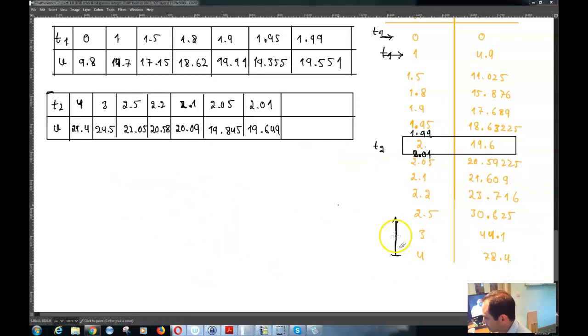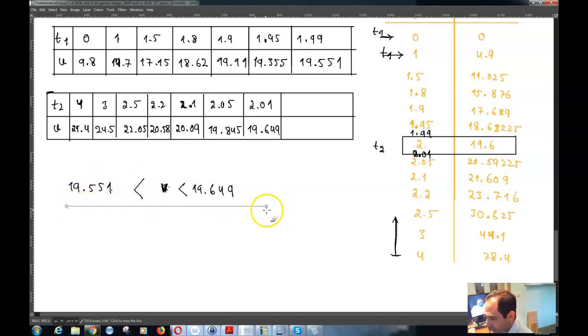So what I can conclude from this situation is that the average velocity, or V, is somewhere between 19.649 and 19.551. The average velocity must be somewhere between these two numbers, and there is not much difference really between these two numbers, only probably 0.9 of a unit, 9/10th of a unit or so.